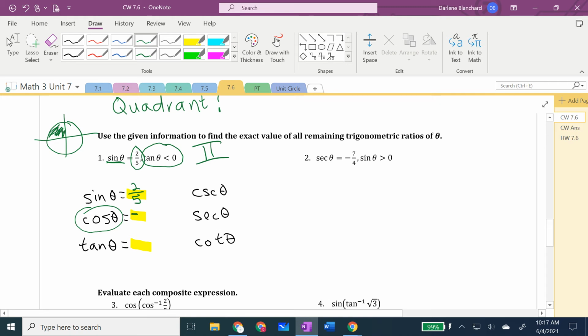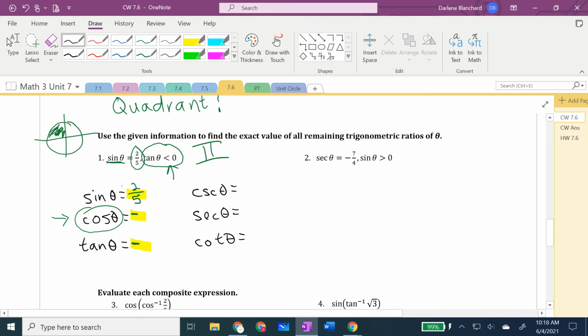So I'm going to put a negative sign here. Now, we were told at the beginning that tangent was negative, so we already have that information. Really, the issue with finding which quadrant you were in was just so you could get a correct negative sign for cosine, which will in turn allow secant to have the correct sign associated with it.